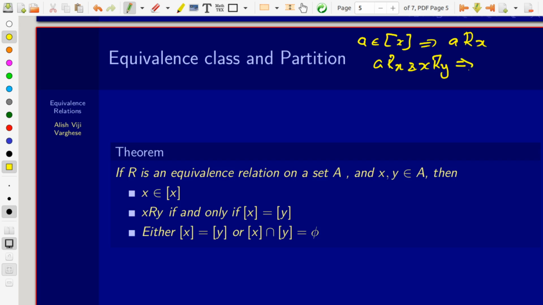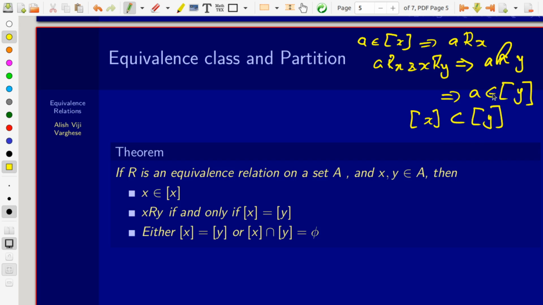Therefore, using the transitive property, a is related to y, and since a is related to y, a belongs to the equivalence class of y. By this argument, we start with a as an element of the equivalence class of x, and we conclude that a is an element of the equivalence class of y. That means the equivalence class of x is a subset of the equivalence class of y.